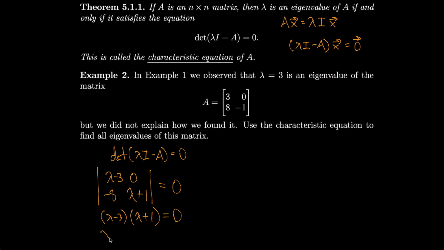And that means that lambda is either 3, but lambda could also be minus 1. So we found 3 before, but it turns out that minus 1 is another eigenvalue of this matrix.